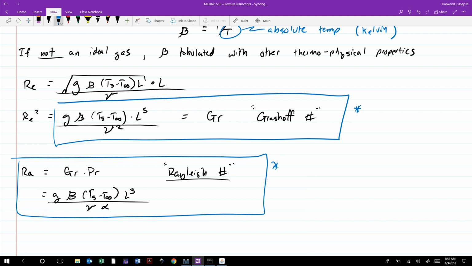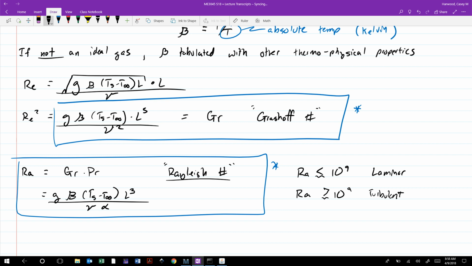So what that means is that for natural convection or buoyancy-driven flows, the Rayleigh number tells us whether a flow is going to be laminar or turbulent. For Rayleigh number less than 10 to the 9th, approximately, we say that the flow is going to be laminar, and for Rayleigh number greater than about 10 to the 9th, we're dealing with turbulence.